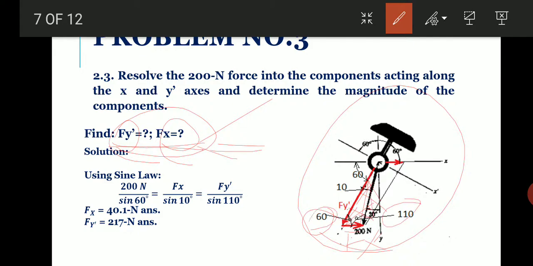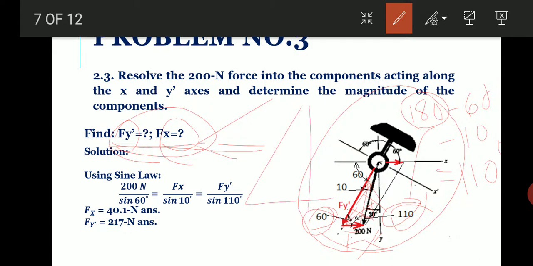By the way, we get this 110 degree when we subtract the 60 and the 10 degree from 180 degree, so we have 110 degree.